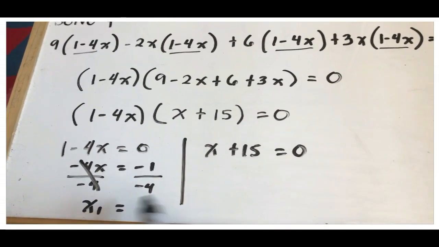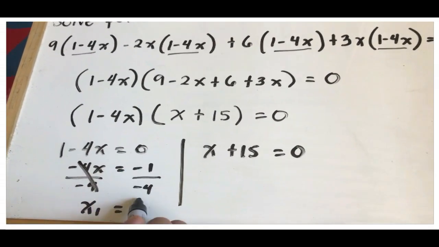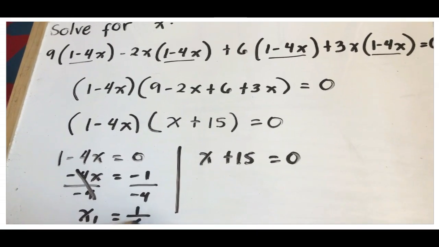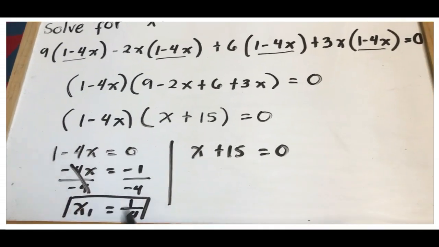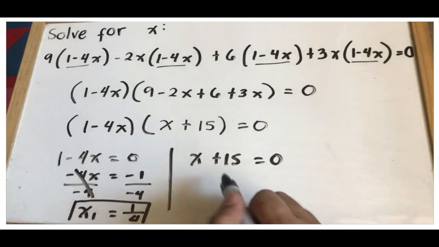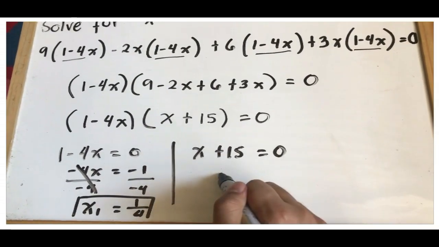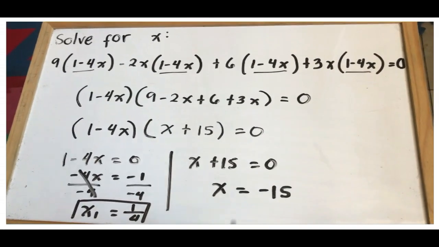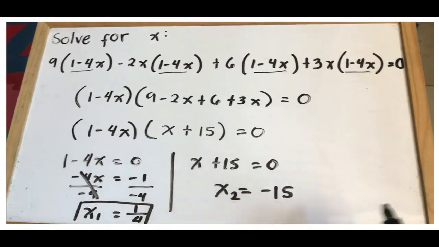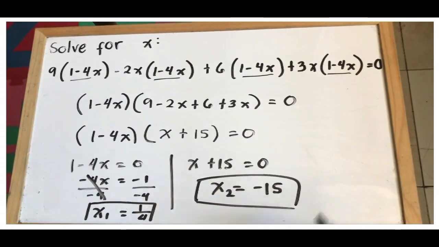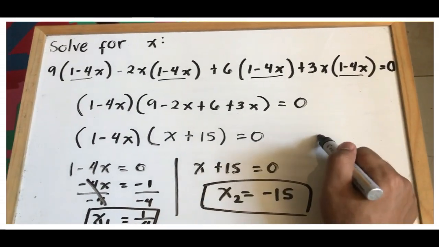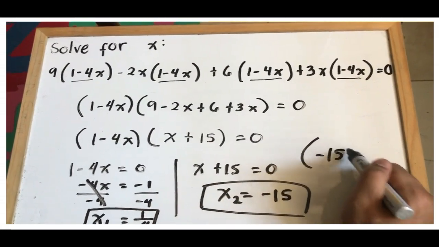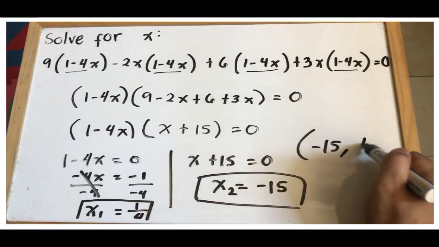X sub 1 is equal to, negative divided by negative, positive 1, 4. Yan. Next, transpose 15. So, x is equal to negative 15. So, may value tayo ng x. That will be our x sub 2, negative 15. So, ang values natin ay negative 15 and 1, 4.